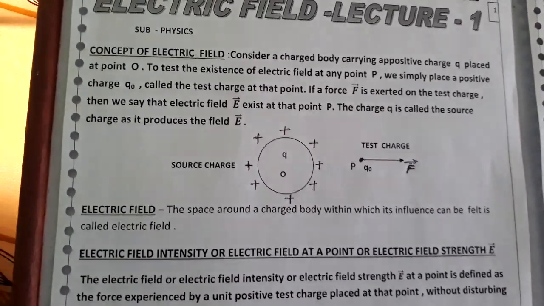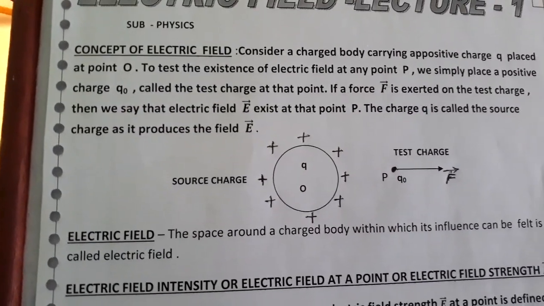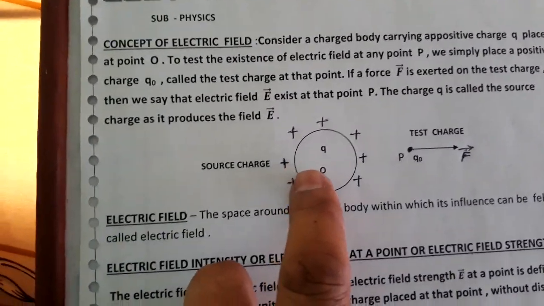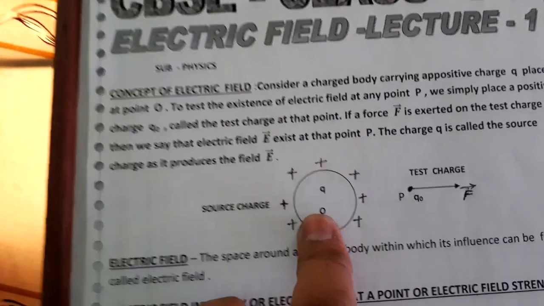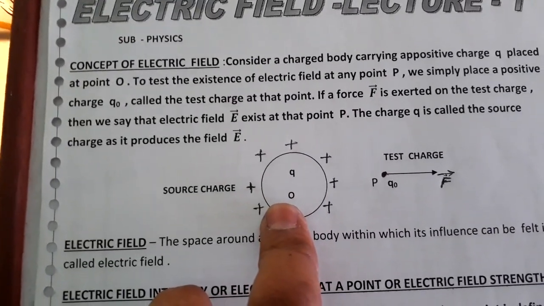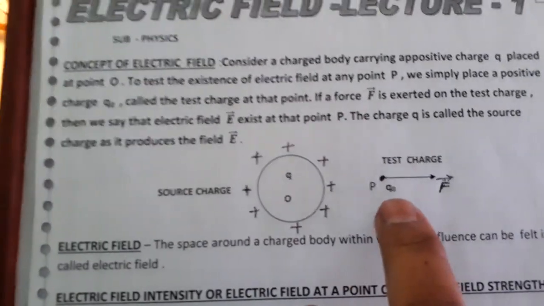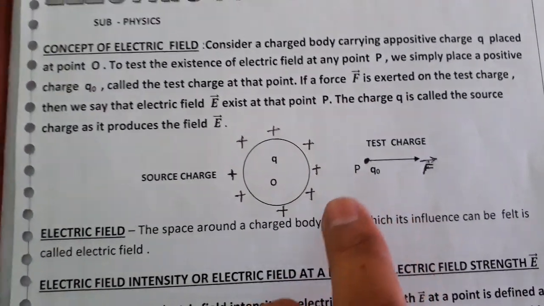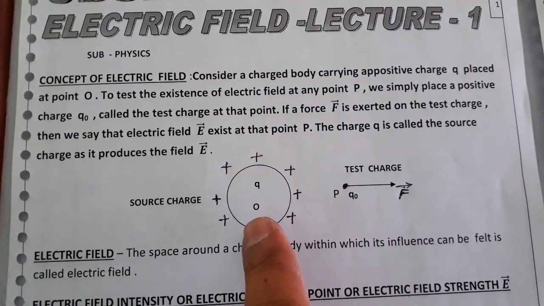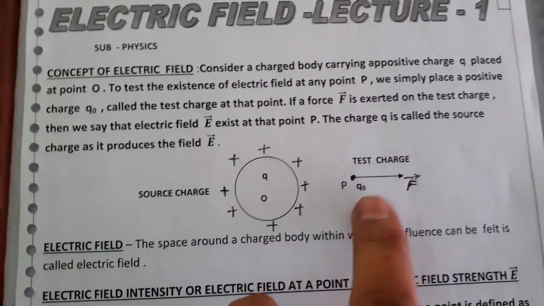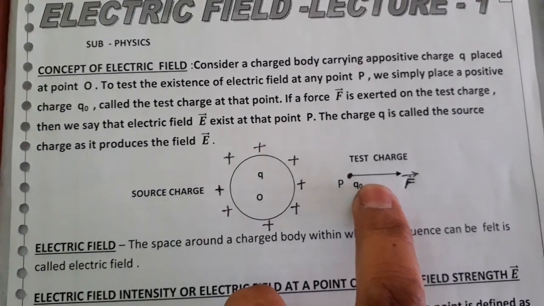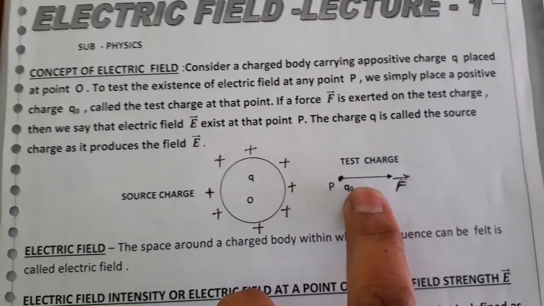To understand the concept of electric field, we do a very simple activity. We take a source charge which is a positive charge, and a test charge Q naught is placed at point P. If a force F is exerted on the test charge, then we say that electric field exists at that point.